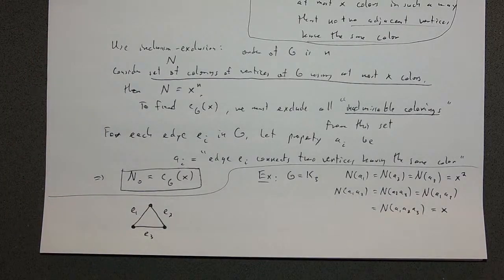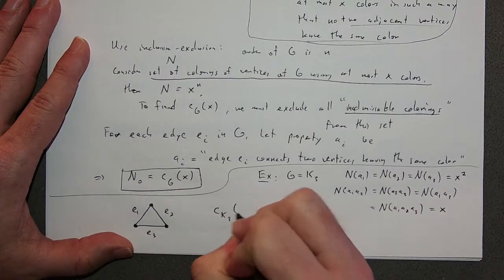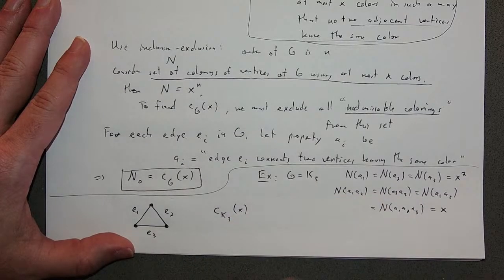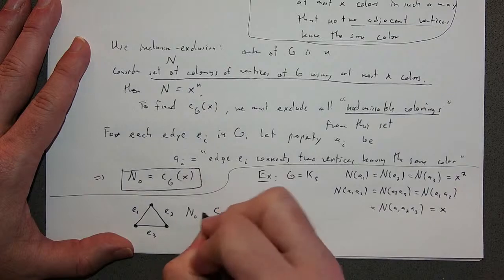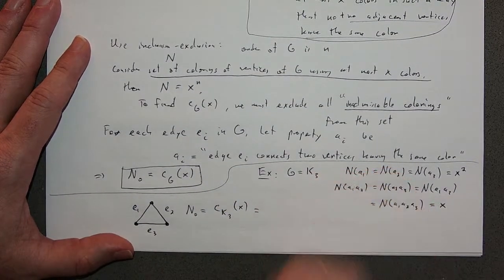So then what is my chromatic polynomial? This is, of course, my N naught in inclusion-exclusion principle.